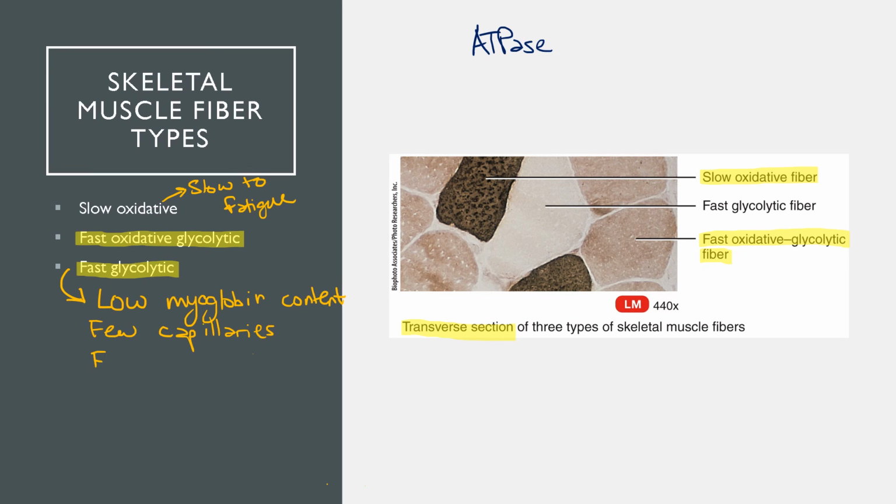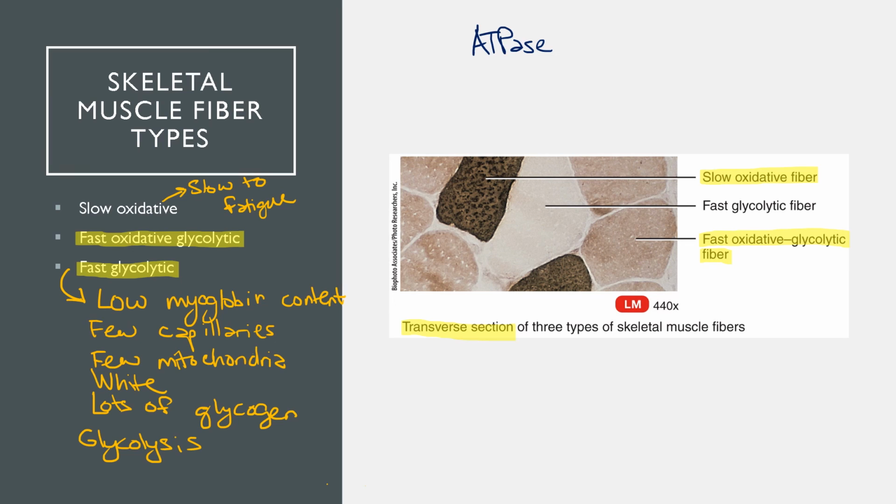They have very few mitochondria. They generally appear white in color. They contain large amounts of glycogen, so lots of glycogen. And they generate ATP mainly by glycolysis. So they can generate ATP rather quickly this way.